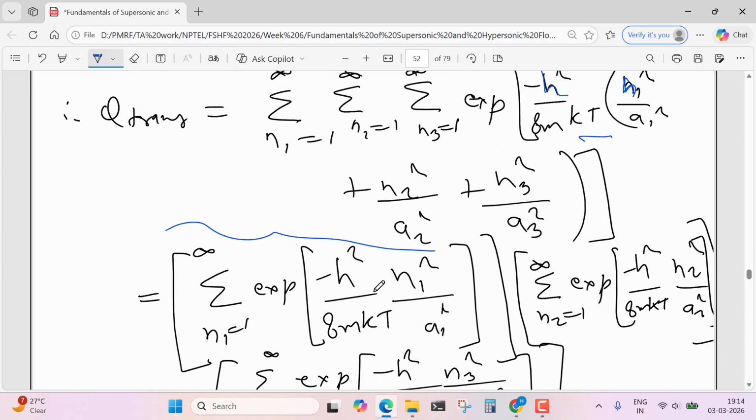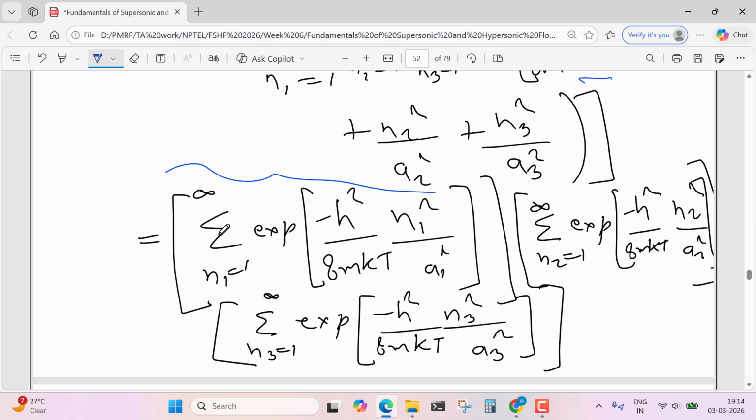So we'll get sigma n1 equal to 1 to infinity e to the power minus h square upon 8m kT n1 square upon a1 square, into sigma n2 equal to 1 to infinity e to the power minus h square upon 8m kT n2 square upon a2 square, into sigma n3 equal to 1 to infinity e to the power minus h square upon 8m kT n3 square upon a3 square.